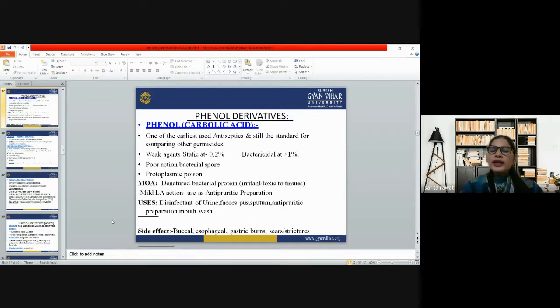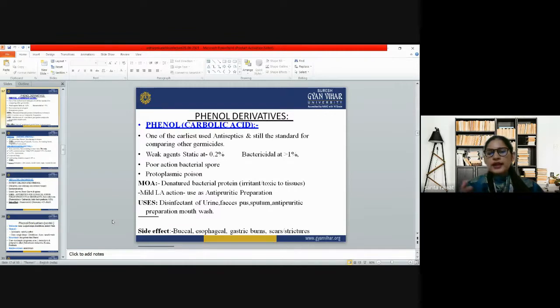Now, what is the mode of action of phenol? It denatures bacterial protein, and it is irritating or toxic to the tissue. It has mild local action and is used in antipruritic preparations. As for its uses, it is used for disinfection of urine, feces, pus, sputum, in antipruritic preparations, and in mouthwash.